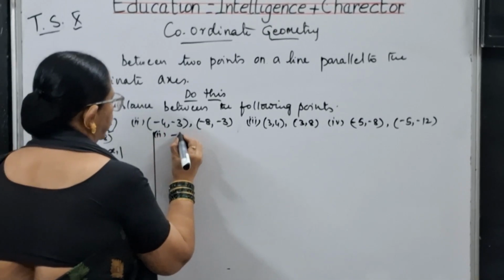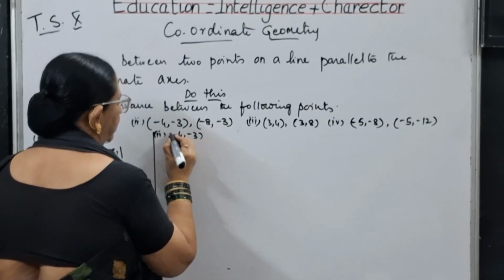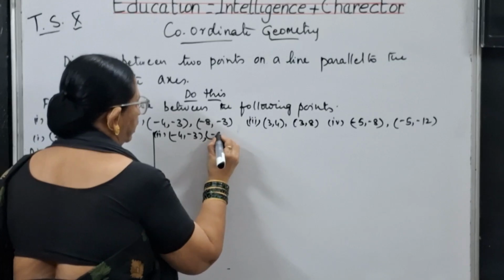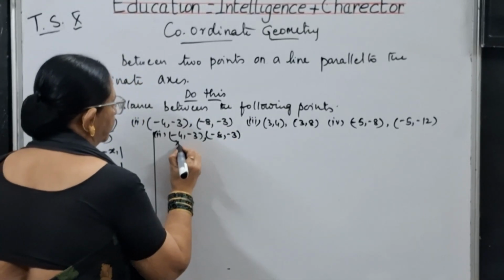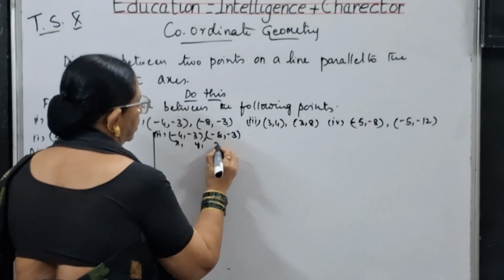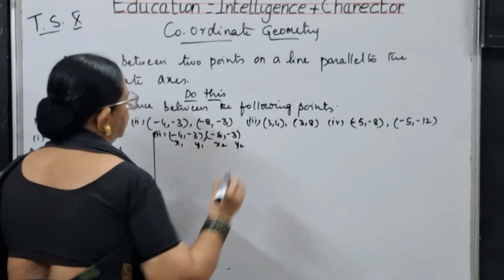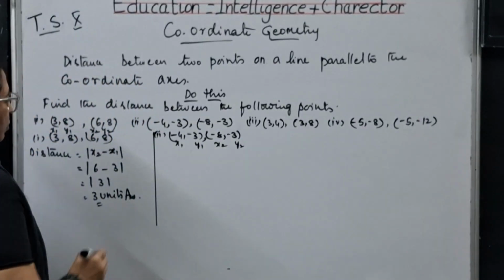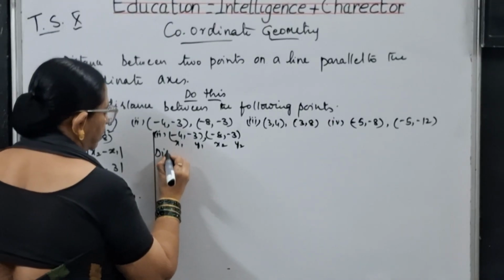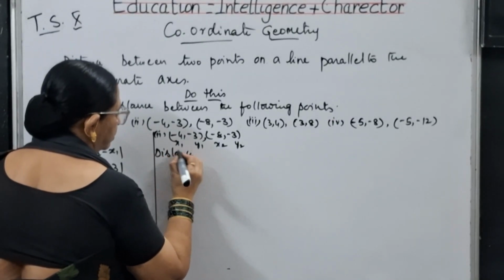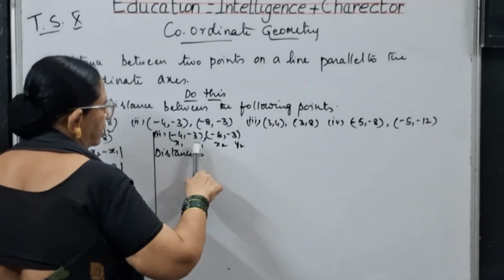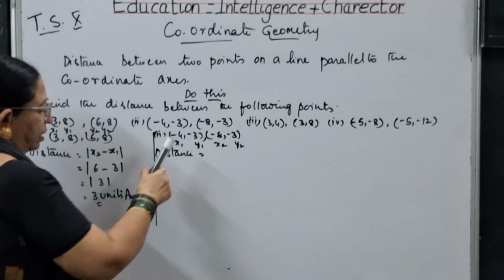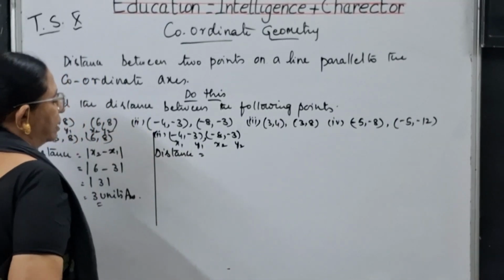Second bit, minus 4 comma minus 3 and minus 8 comma minus 3. So x1, y1, x2, y2. So here also we need to find out the distance. Which formula we have to use? Here also you see the y coordinates are the same. So the line will definitely be parallel to the x-axis.